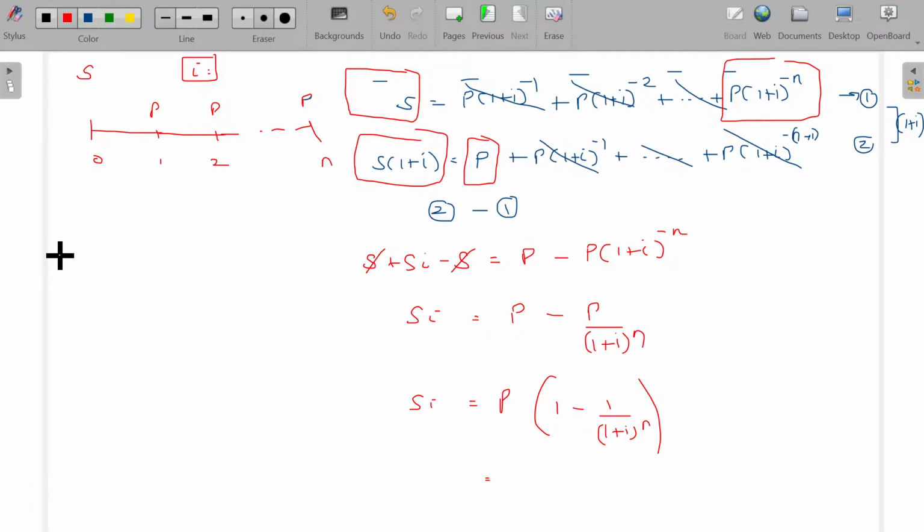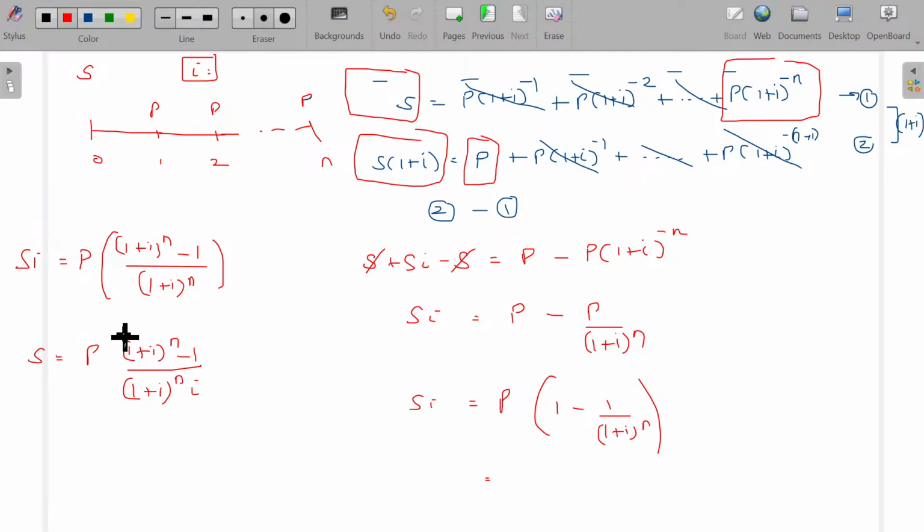Si is equal to P, take the LCM, (1 plus i) to the power n minus 1. Now S is equal to P into ((1 plus i) to the power n minus 1) divided by (1 plus i) to the power n.